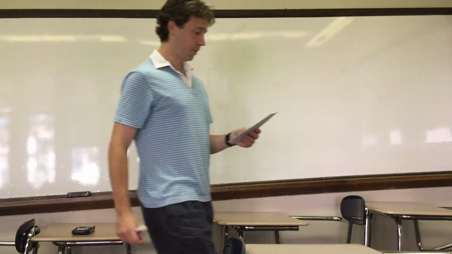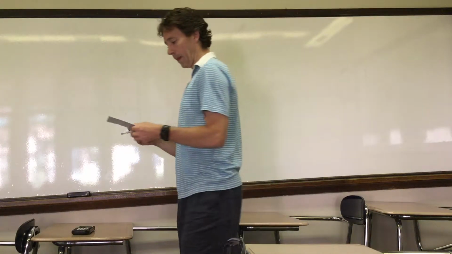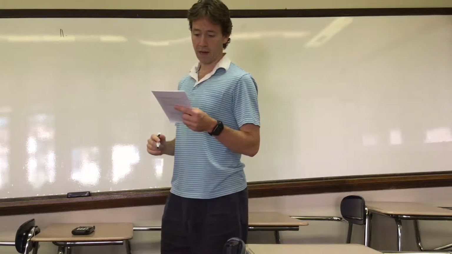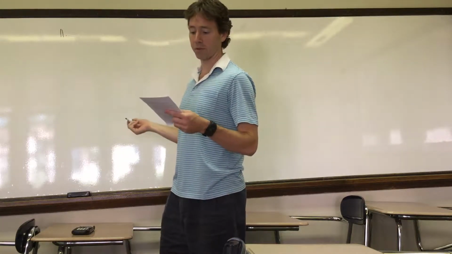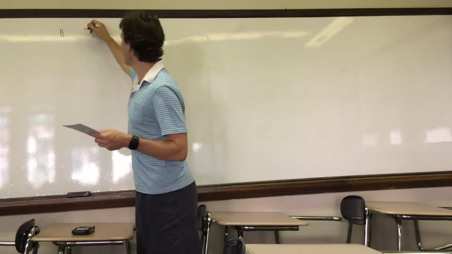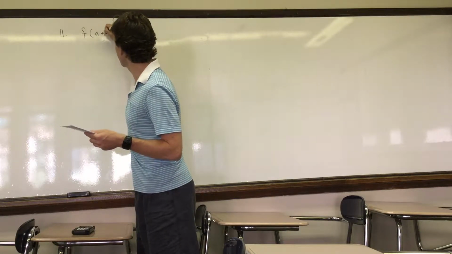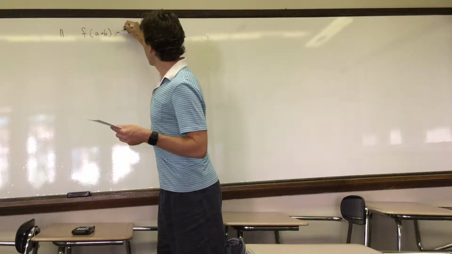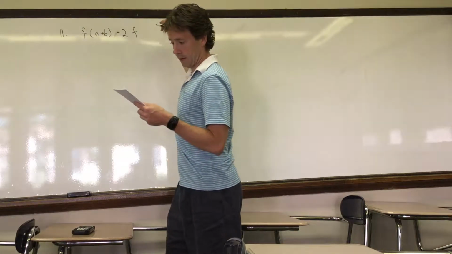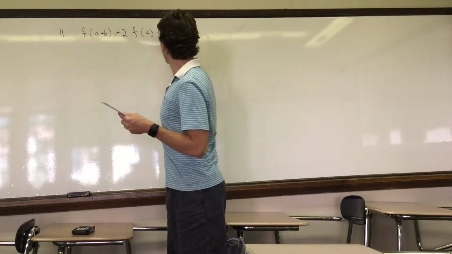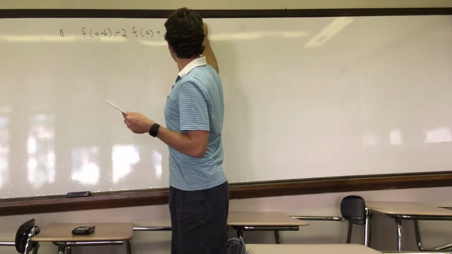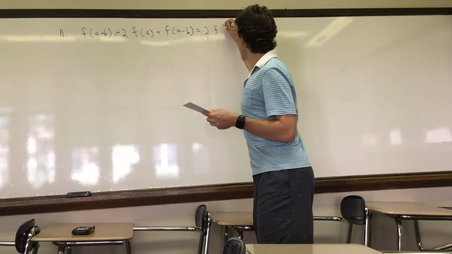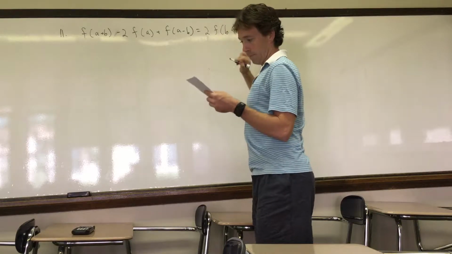Okay, let's continue with problem 11. In this one, we have some unknown function satisfying an equation: f(a+b) minus 2 times f(a) plus f(a-b) equals 2 times f(b) minus 1.